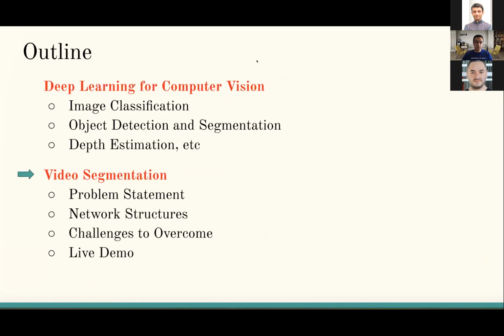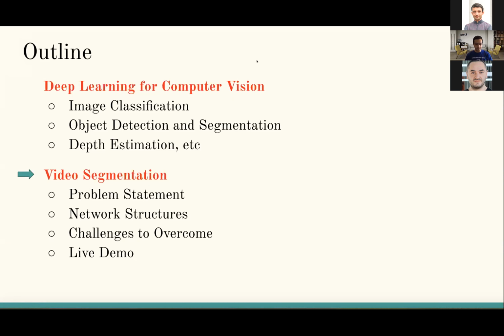So that was all about deep learning for computer vision. It was like an introduction with some examples. And let's dive into video segmentation. At Krisp, we have a computer vision team, which is currently working on video segmentation and the background changing problem.